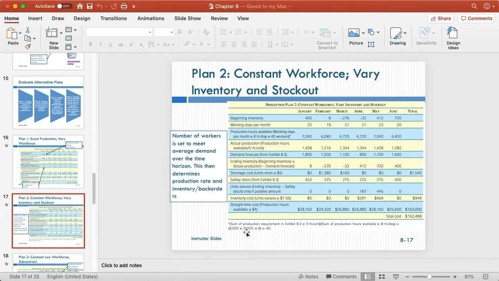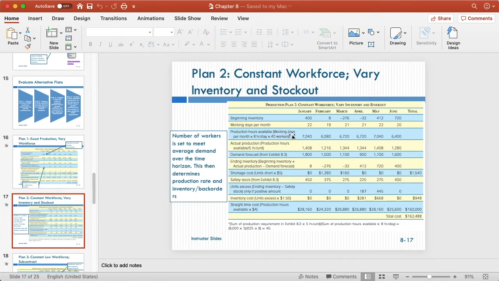So the total production hours divided by the working hours per worker equals 40. That means on average, you need 40 workers. That's why here it shows 40 workers.